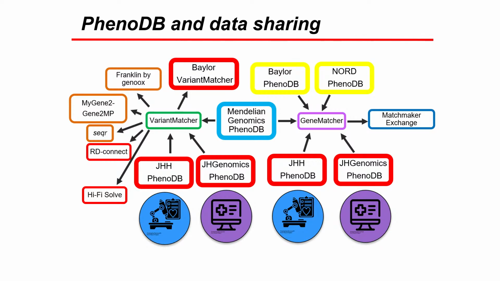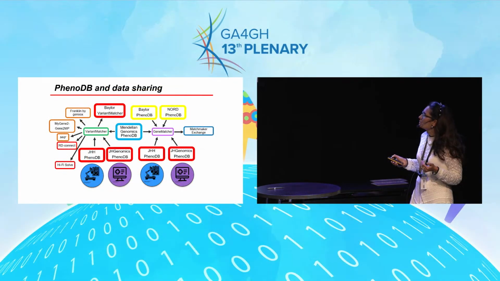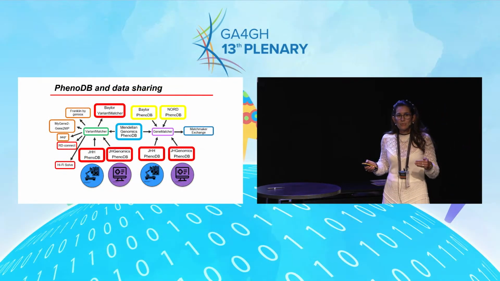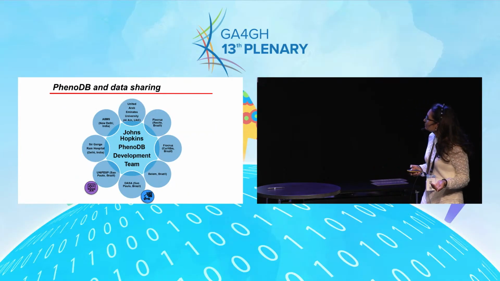And then we have other research labs connecting to the variant level side, and all the databases around the world connecting on the variant side to the network of the variant level matching project. So everything that is in red here is planned for the future, and we want to continue embracing all the databases and all the communities to improve the data sharing that we were talking about at the beginning.